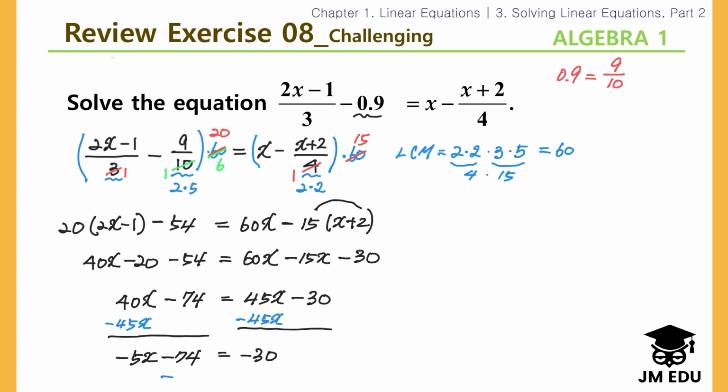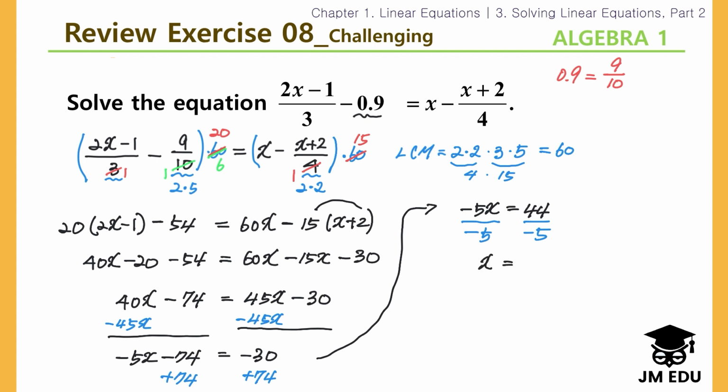So we're going to add 74 to each side, and this is going to be minus 5x is equal to, well, 74 minus 30, that's 44, right? Now the last step, divide by negative 5. Divide this by negative 5. So the final solution is x is equal to negative 44 over 5.